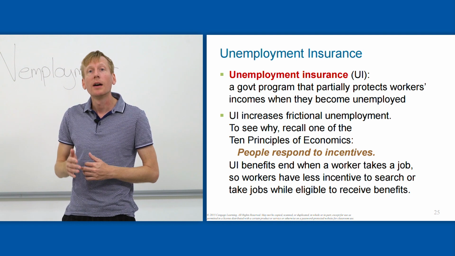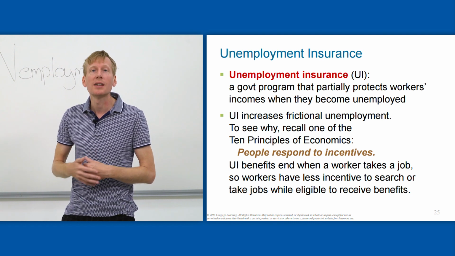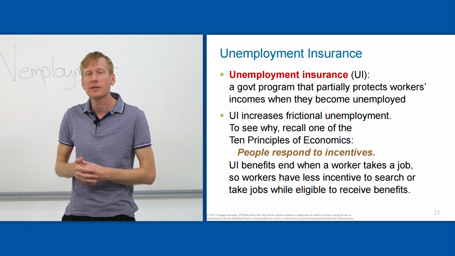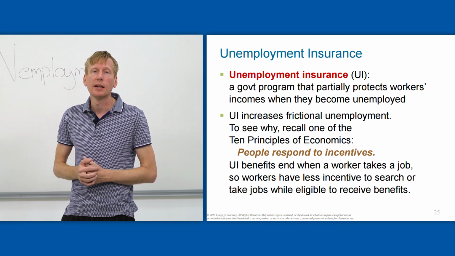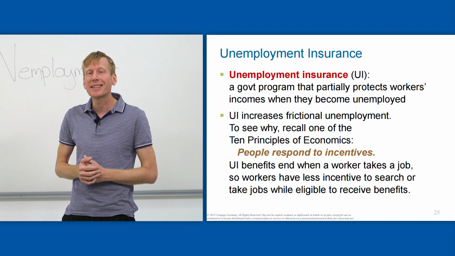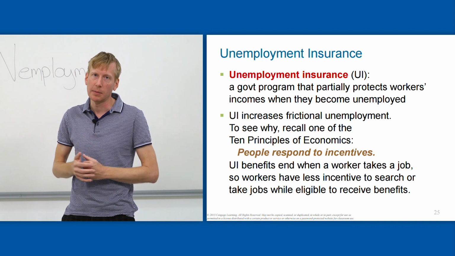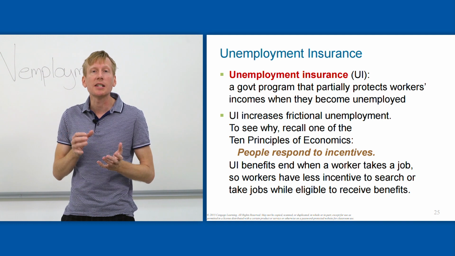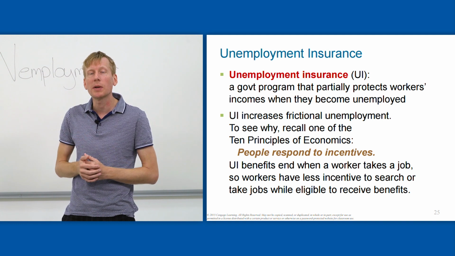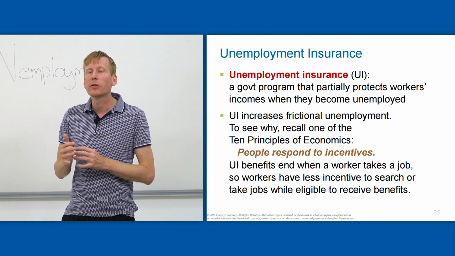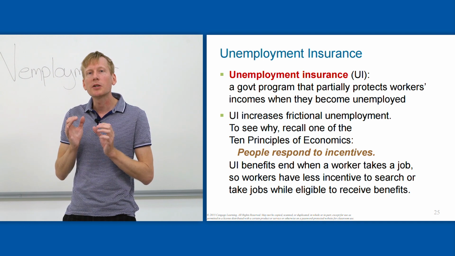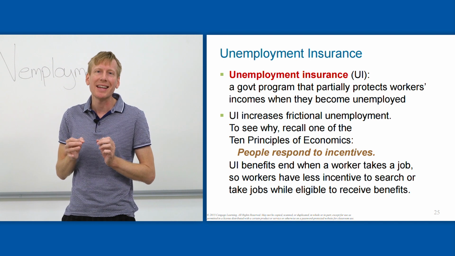For example, by attending job interviews, sending out job applications, etc. Also, it tends to be the case that unemployment insurance schemes give temporary payments. They may receive 6 months worth of unemployment insurance payments, or 1 year or 2 years, but it's not going to be forever, because we know that people respond to incentives.